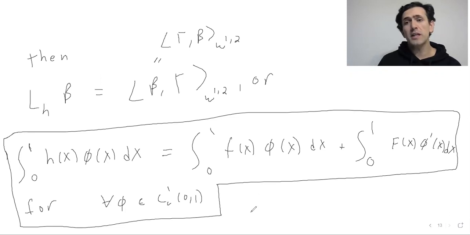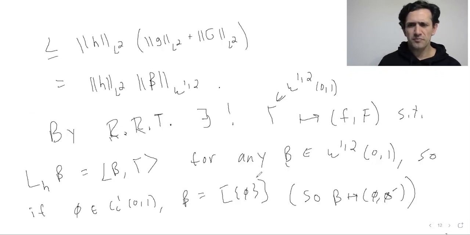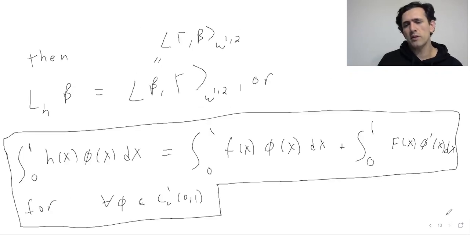Well, there's a unique element, gamma, associated to little f and big F, where this is true. Okay, so we've managed to prove particularly uniqueness and existence of weak solutions to this differential equation right here.